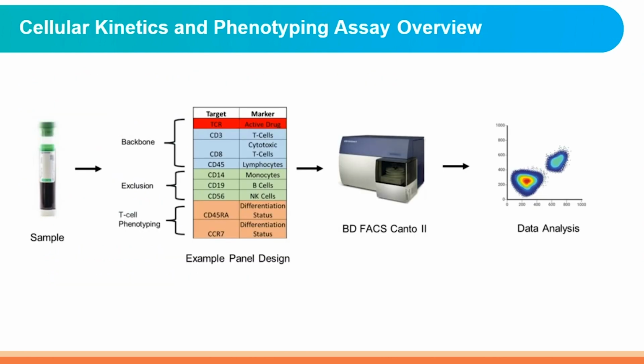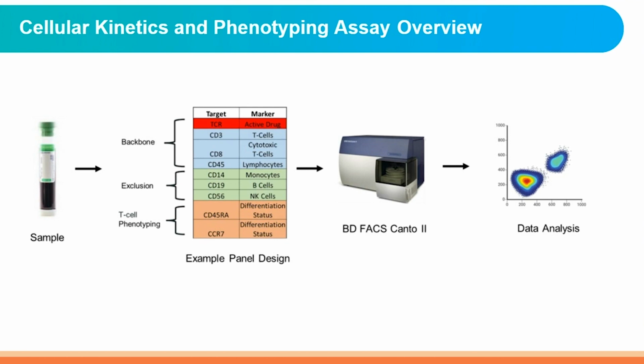This is an overview of cellular kinetic and phenotyping assay process. We start with whole blood sample, and then stain cells with MHC multimers and antibody cocktail. This is an example of panel design. Our product only has CD8 T cells, so we have CD3, CD8, CD45, and MHC multimers to identify the T cell product.